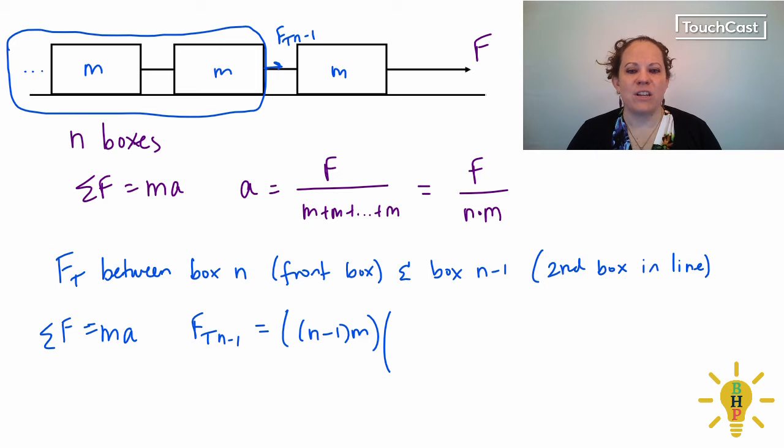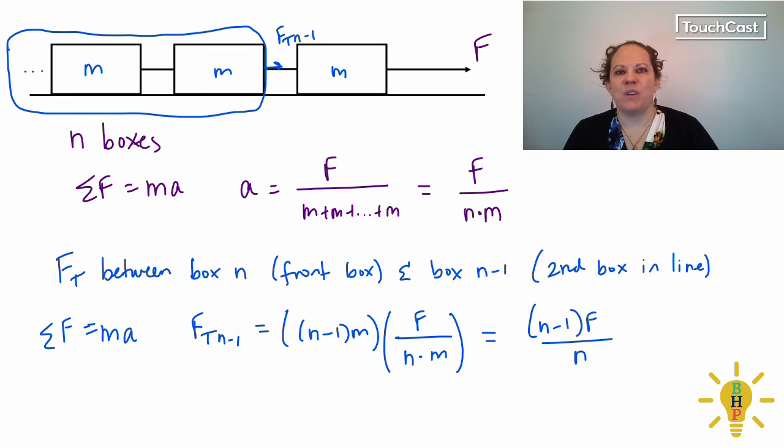And then our acceleration is our pulling force F divided by N times M, and we get a general rule of the tension that's pulling the second box in line will be equal to N-1 times F divided by N.